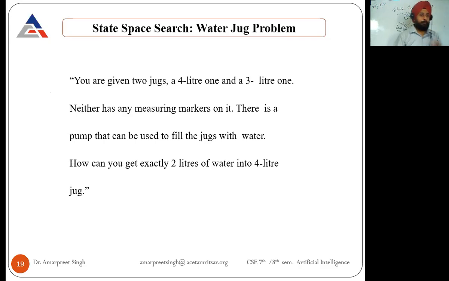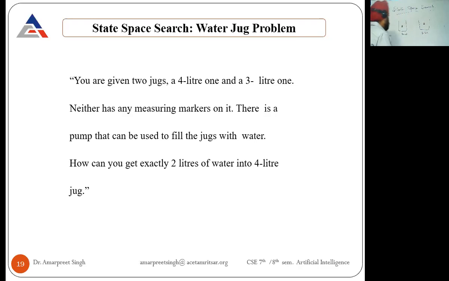So the water jug problem. What is the water jug problem? Just see here. It is a very important problem. You are given two jugs of water of known capacity. Suppose in this example, one is jug A with 4 liter capacity and another is jug B with 3 liter capacity.